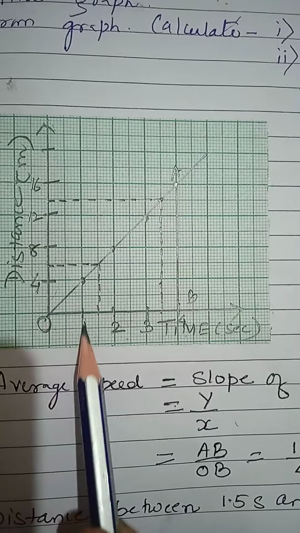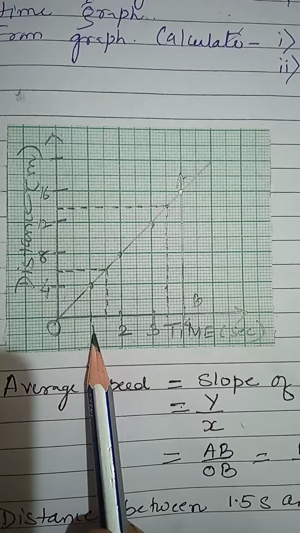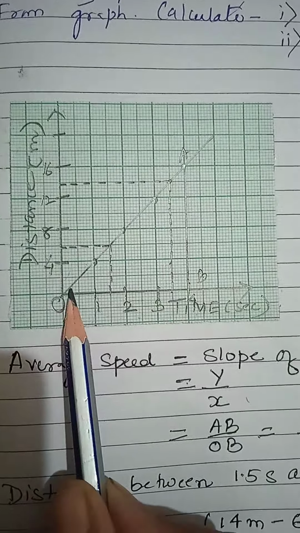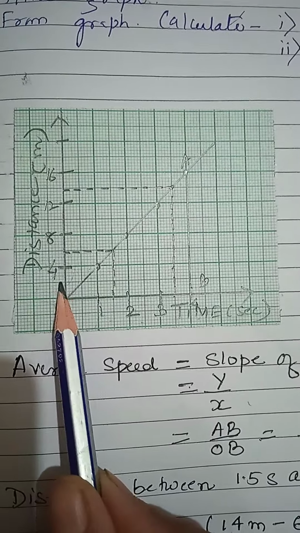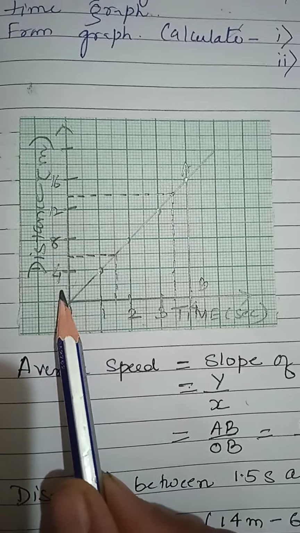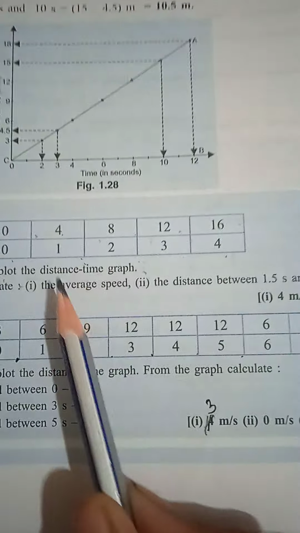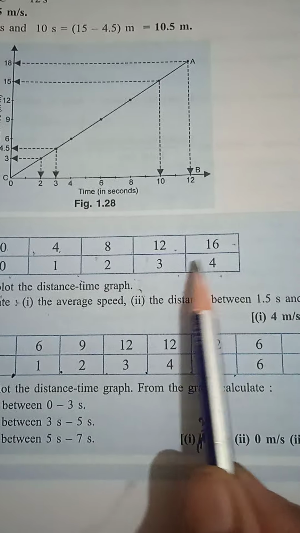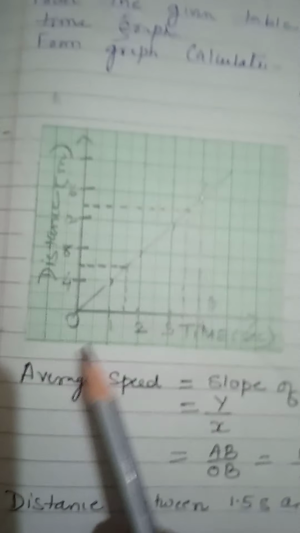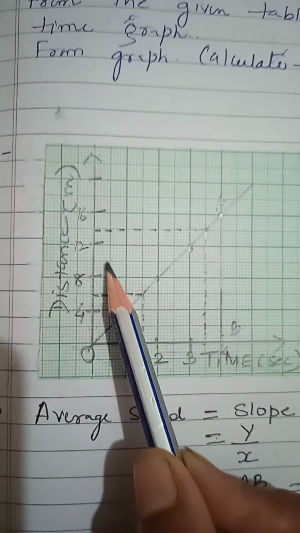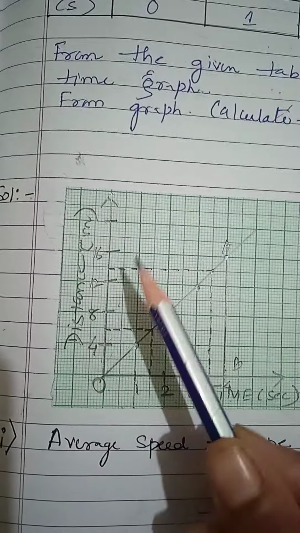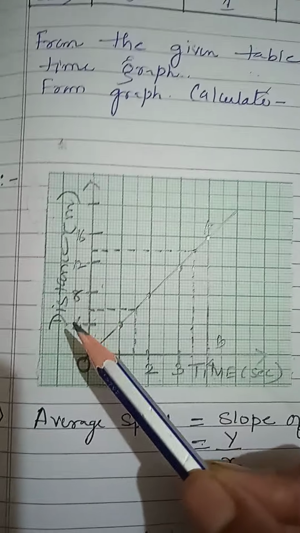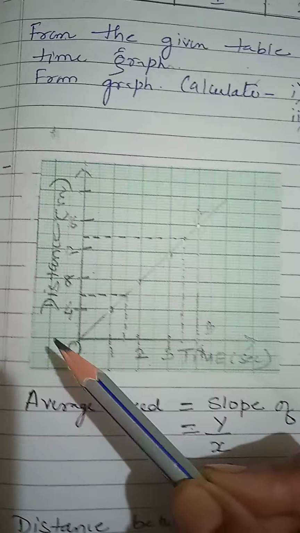I have taken one box as the 1 unit. And here one box along y-axis, I have taken as 4 units because I need here 4, 8, 12, 16. But these intervals you can select according to your own convenience also.